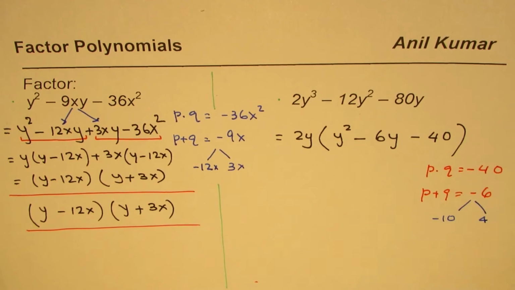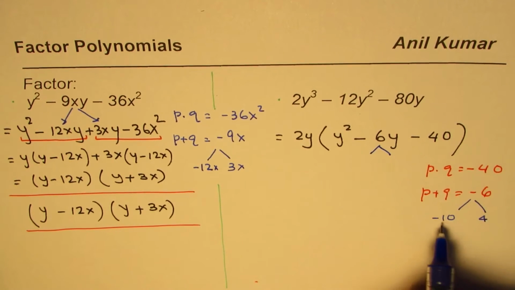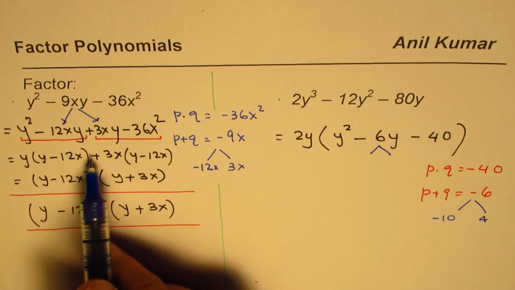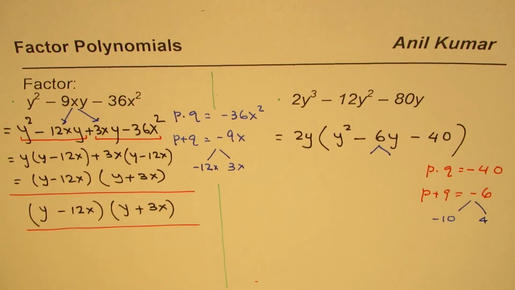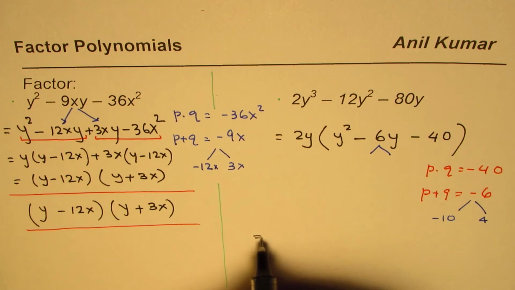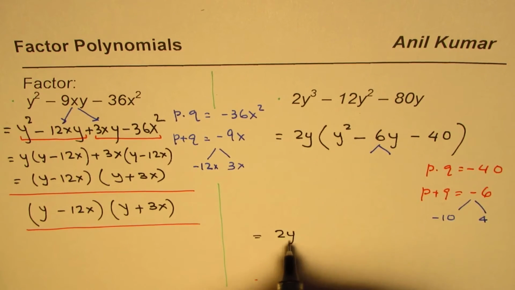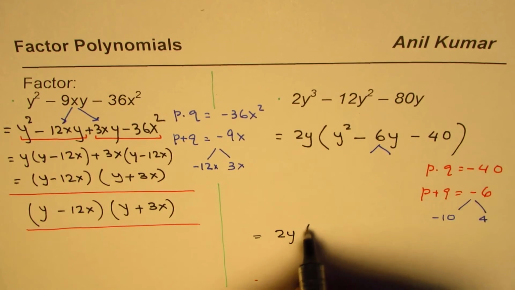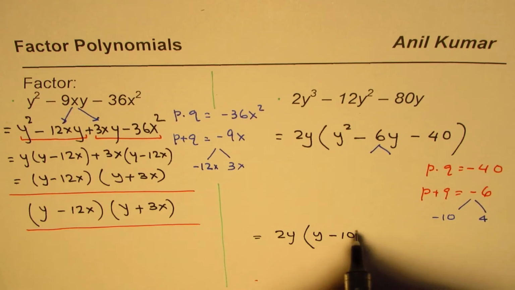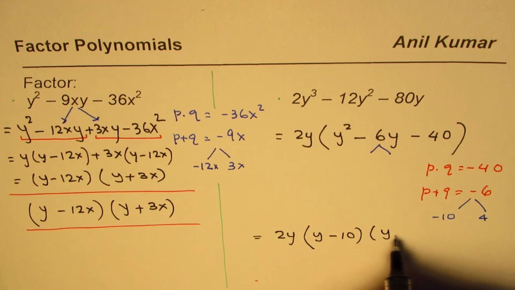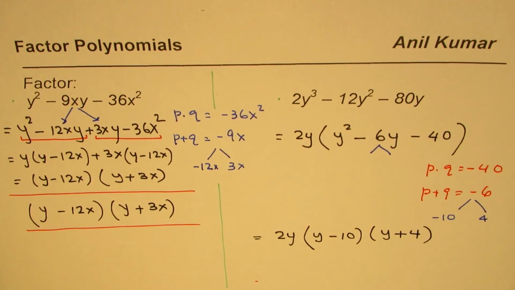Splitting minus 6y as combination of these two, combining or group factoring and then factoring it further. Ultimately, you'll get your answer, which will be 2y times y minus 10 times y plus 4, correct? So that becomes the solution for the given trinomial.